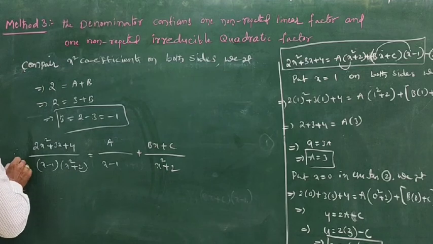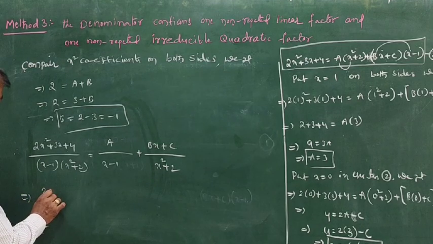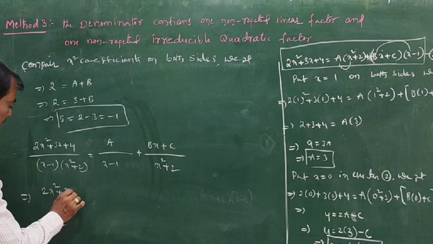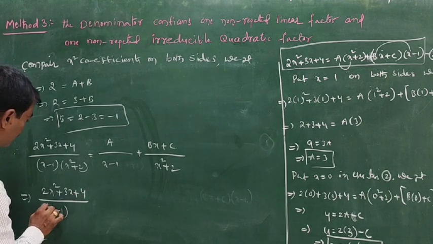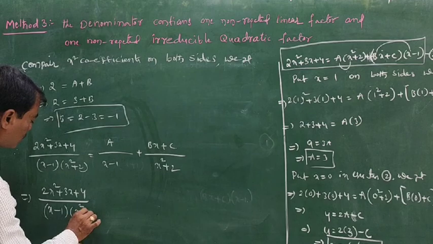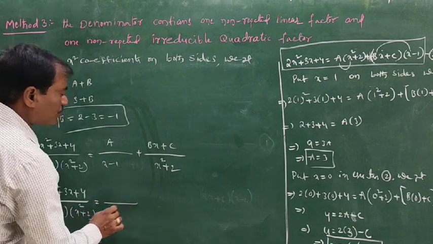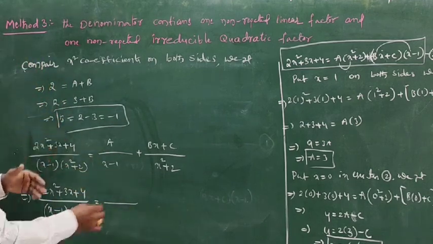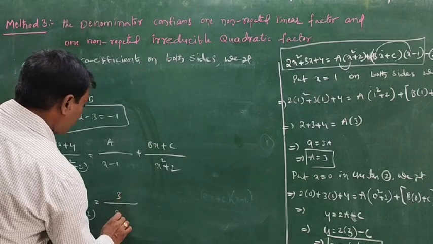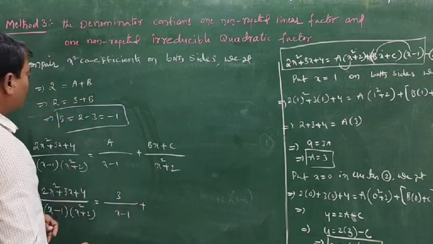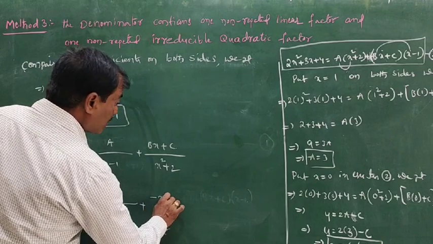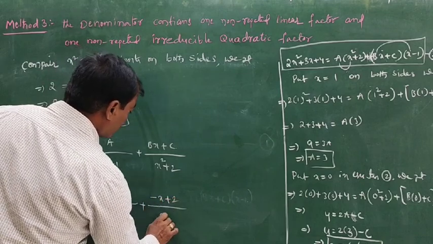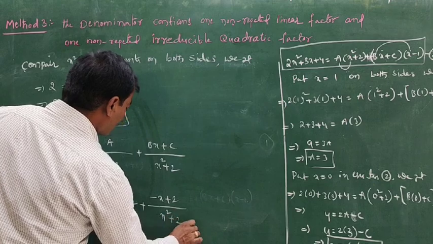We have to substitute in equation 1. So therefore (2x² + 3x + 4) divided by (x − 1)(x² + 2) is equal to, we substitute these constant values. Here a = 3, so 3 by (x − 1), then we substitute b: (−x + 2)... with c value 2, by (x² + 2).